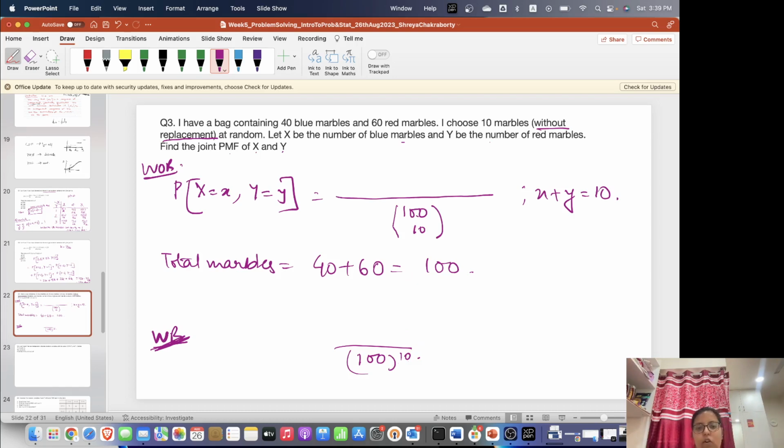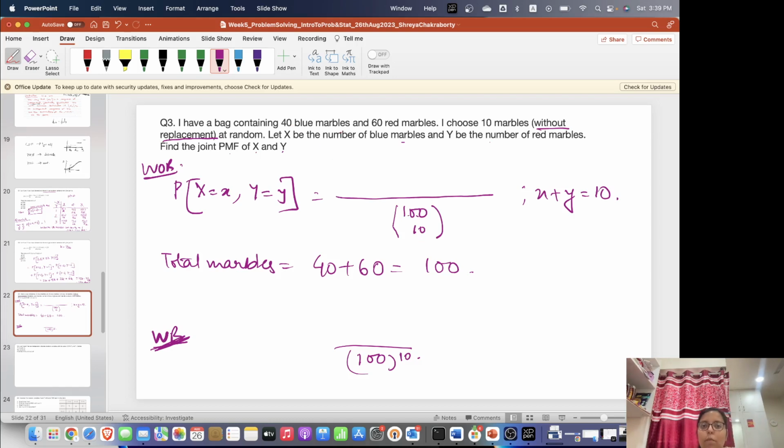So 10 times we are drawing from 100, so it becomes 100 to the power 10 in case of with replacement. But we are doing without replacement. So we choose 100C10. We can choose 10 balls from the 100 in 100C10 ways.